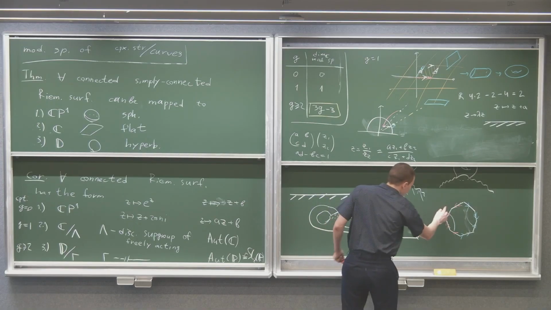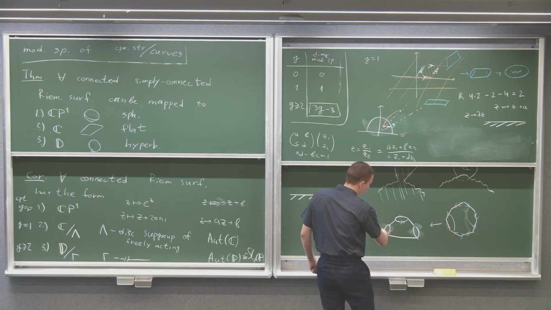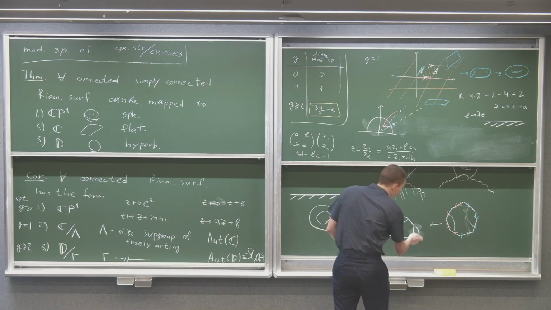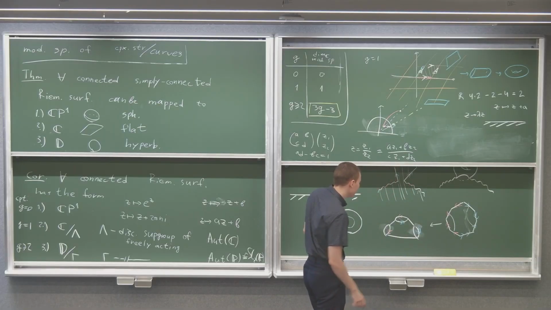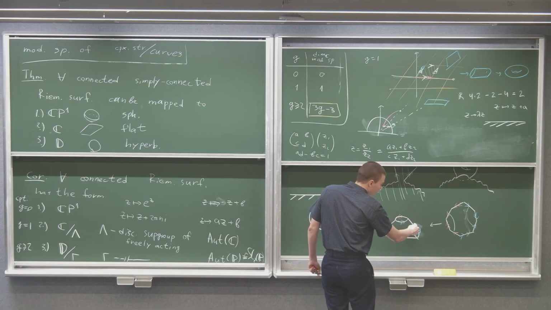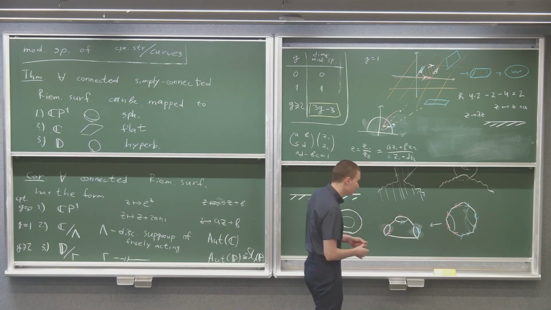So after I glue these, I get here just one copy, and here again just one copy. And here, since all of this circle should be glued to this guy, we can see that these two points should also be glued together.